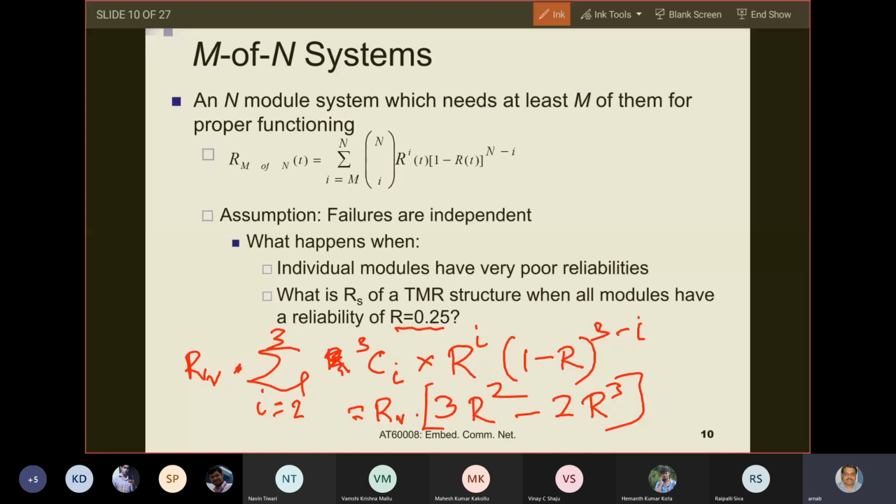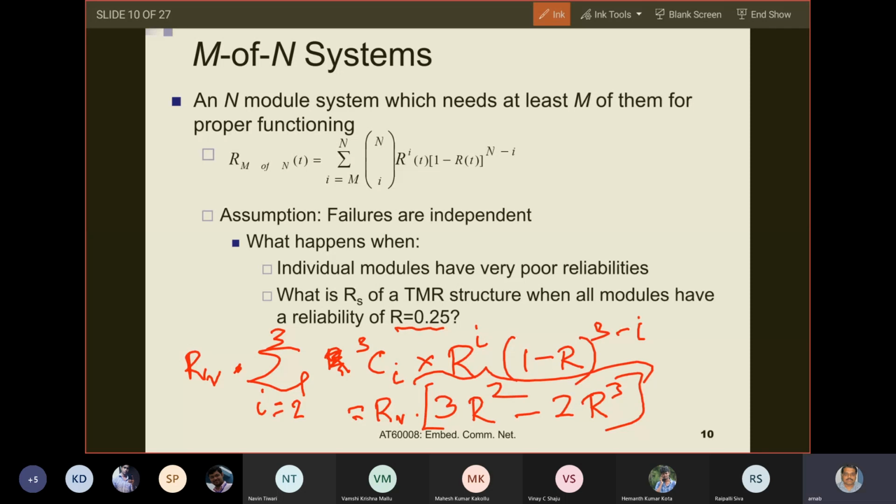If you give many components, then our system should work better. So you made an M of N system, or a triple modular redundant system in this case, and you found this is the effective reliability. Now if R equals 0.25, what is the value of this part?